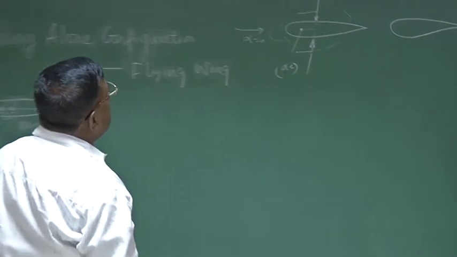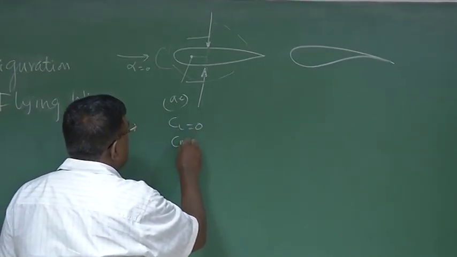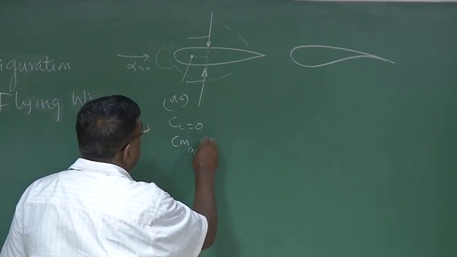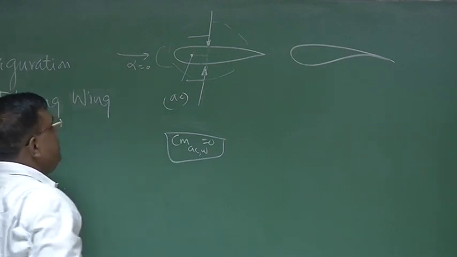So at this point AC, we don't have any lift, 0, and also CM AC wing is equal to 0. This is the main point which we are more interested to compare.